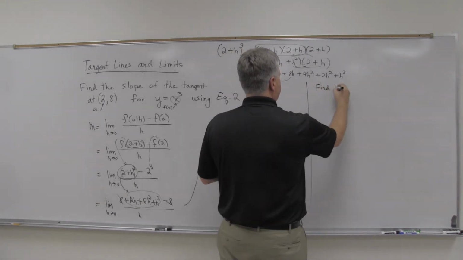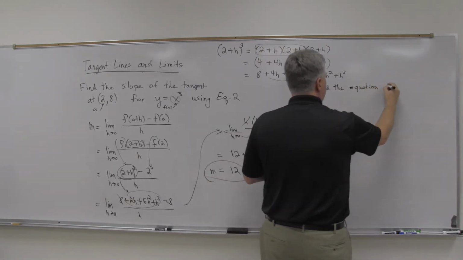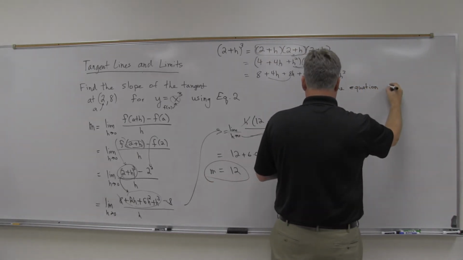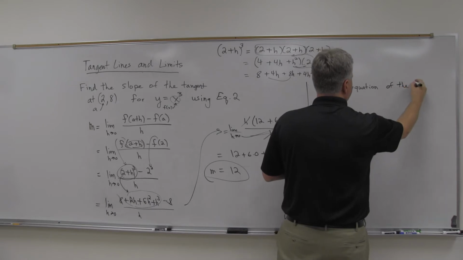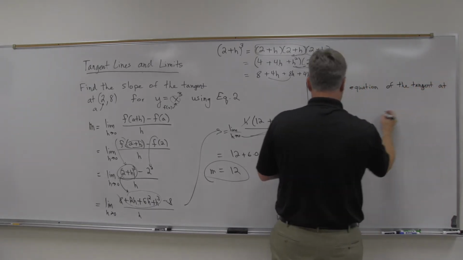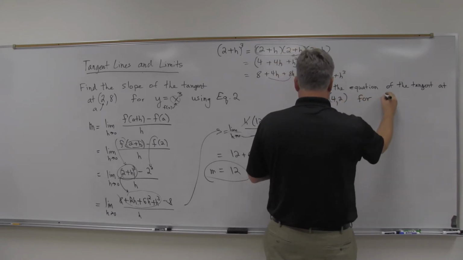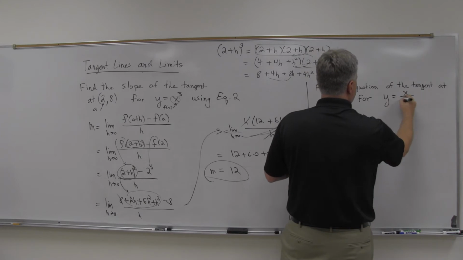Find the equation of the tangent line at 4, 2 for y equals x over x minus 2.